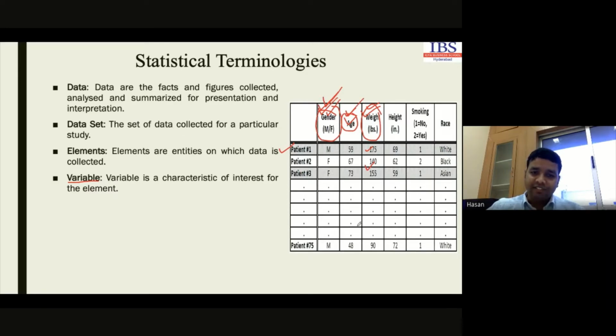For patient 1 it is 59, for patient 2 it is 67, and for patient 75 it is 48. These are the variables whose value varies over time or over a particular point of interest.